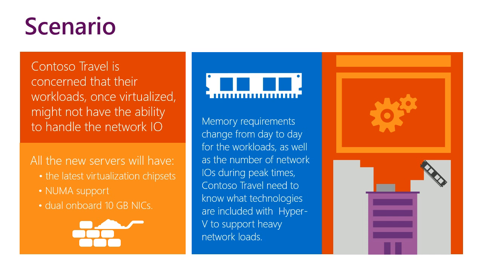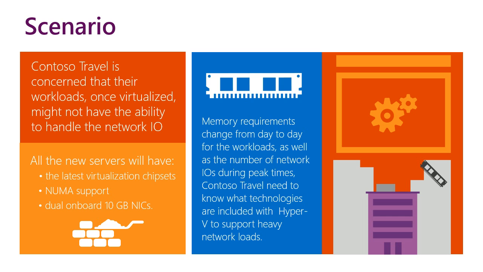We've got support for uniform memory architecture support. We'll talk about that in a bit more detail as we get to the slide. And we'll also cover the 10 gigabit Ethernet adapter support, which is built in. So in this case, they're buying servers and they're including dual 10 gig Ethernet adapters in there. So we'll address how do you deal with having those two 10 gig adapters. How do you actually take advantage of making the two of them work together?